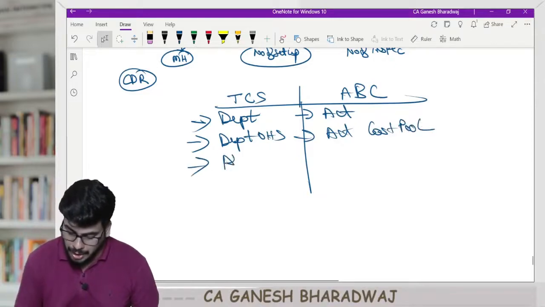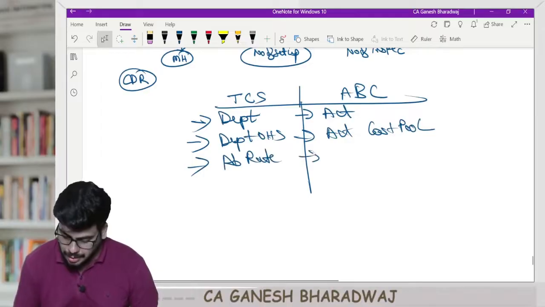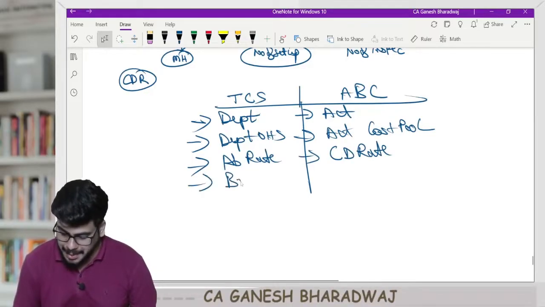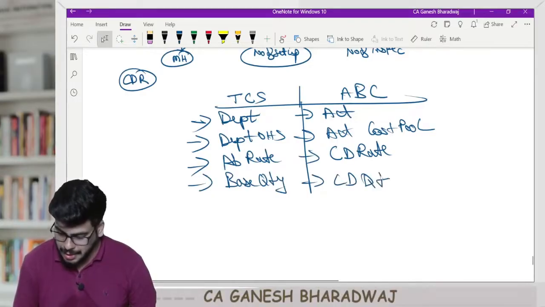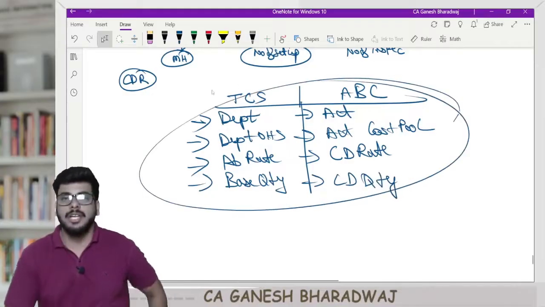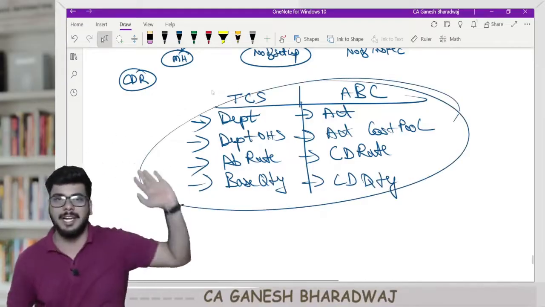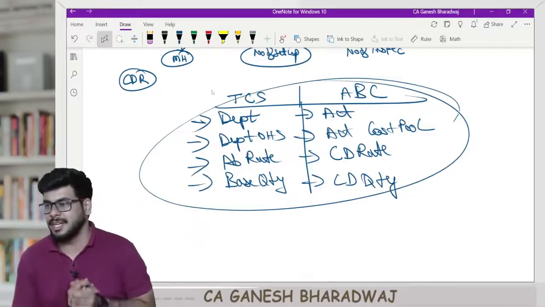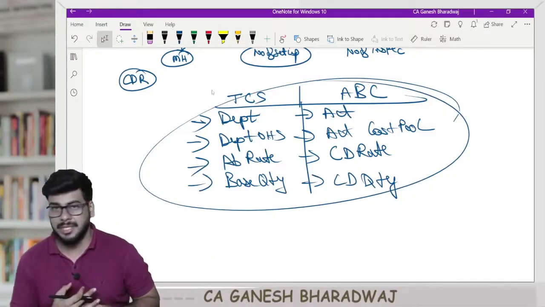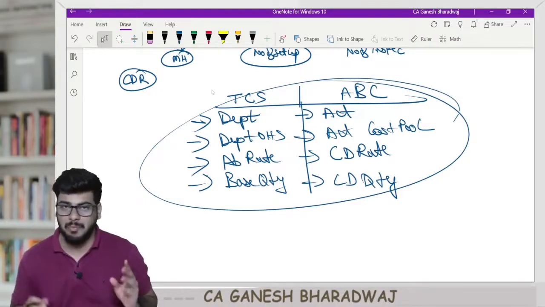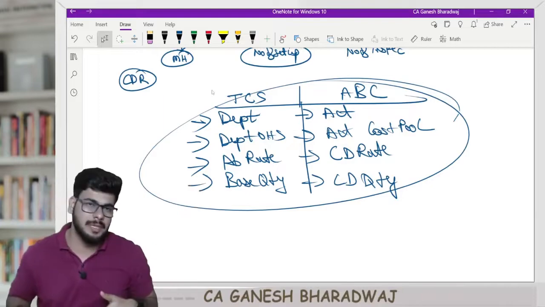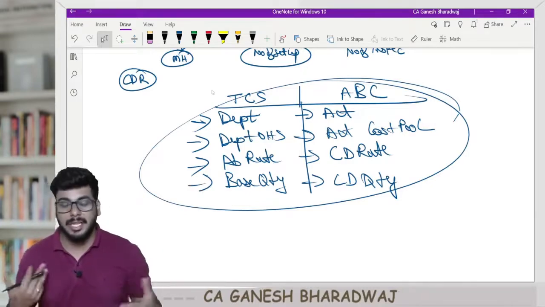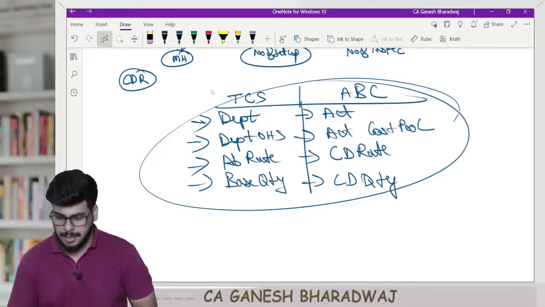What was called absorption rate is here called cost driver rate, and what was called base quantity there is here called cost driver quantity. This is all the difference between your traditional costing system overheads chapter and ABC, but everything else is the same, guys. Are you clear with this? But it's equally important, no doubt. It's important because generally ABC sums will be big, but the solution will be simple. Why is it big? Because they need to necessarily give you a lot of data. Clear with this, guys? Done, right?